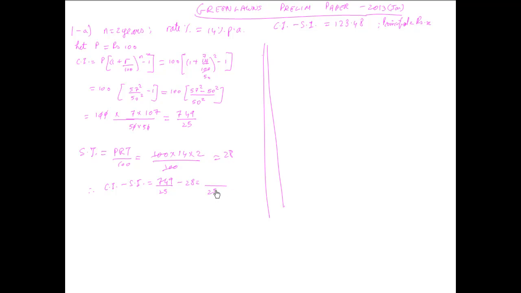And what we need to calculate, children, is 28 times 25, which comes out to be 700. So 749 minus 700, which is 49 by 25.